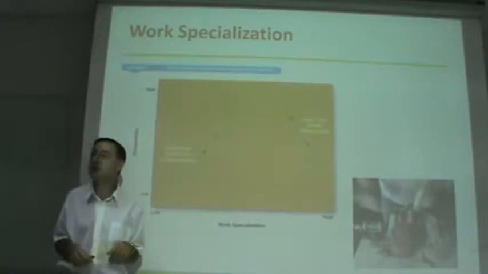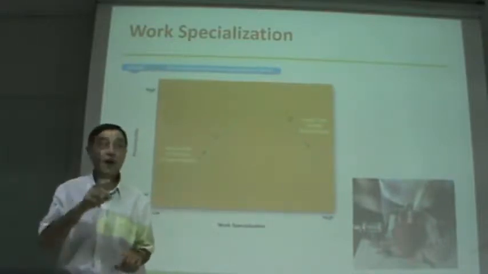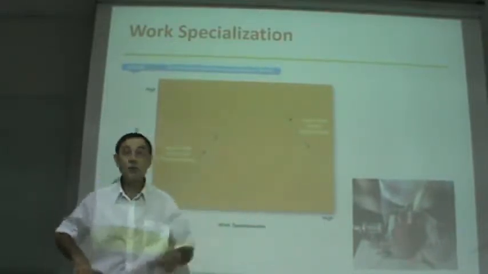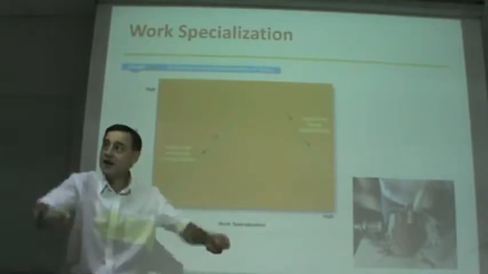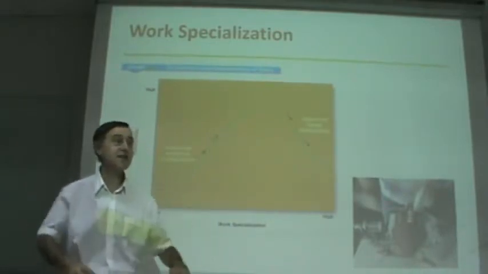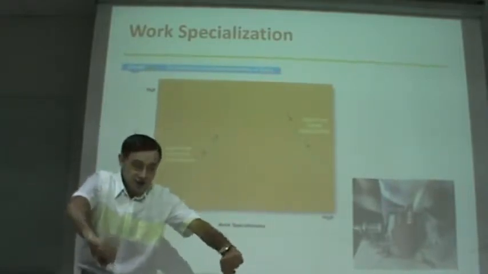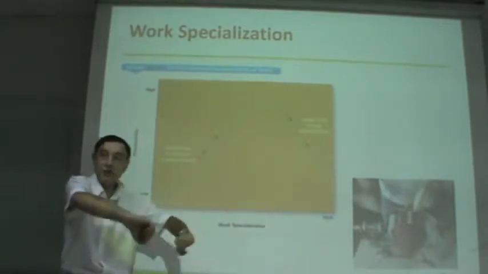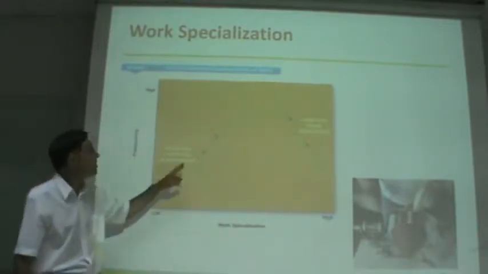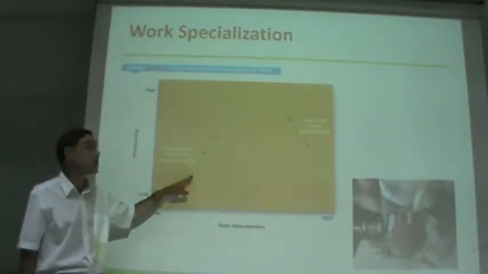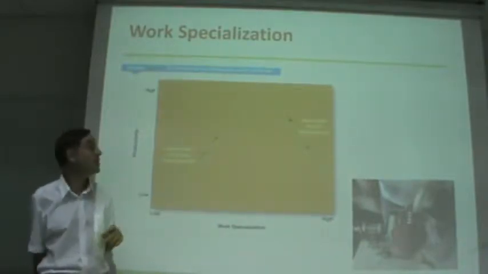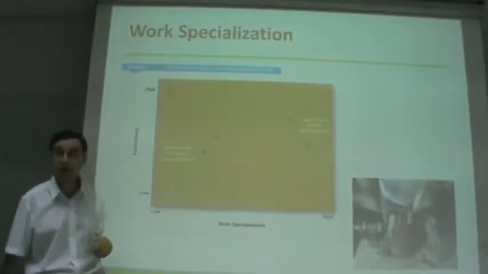You've probably seen the Charlie Chaplin movie with the assembly line, where you have 20 people and the only thing the guy is doing is this with his hands. He's got two wrenches, he tightens, and then he goes to the next one, he tightens. That's the type of specialization. It's an extremely narrow specialization.